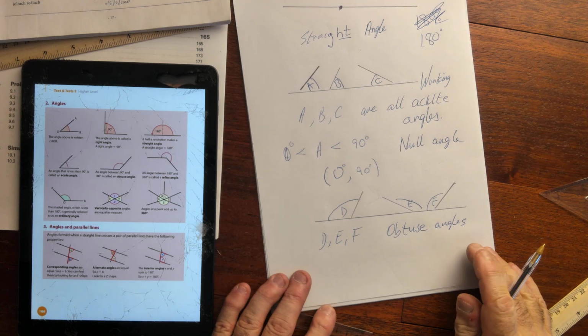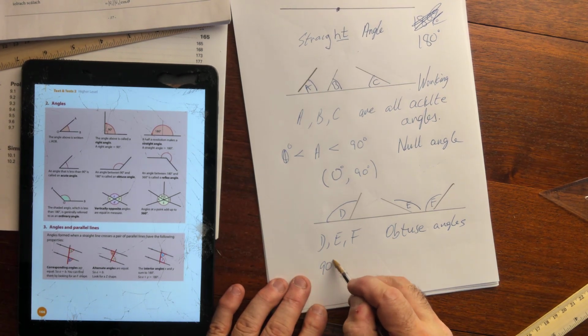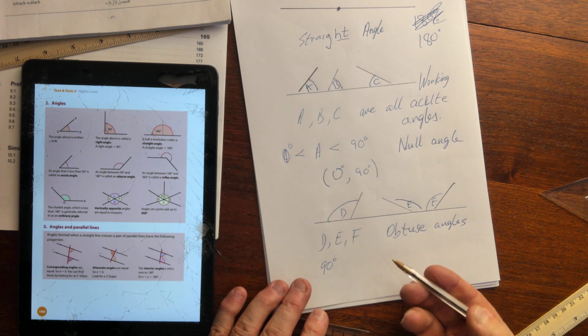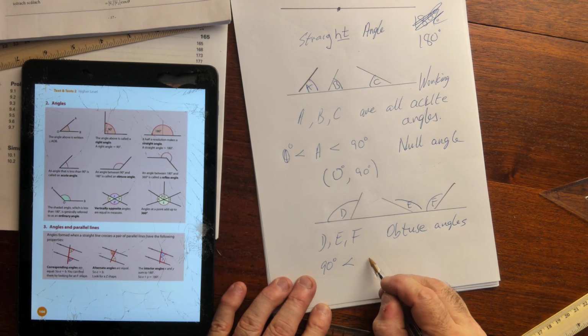And what makes an angle obtuse? An obtuse angle is an angle that's larger than 90 degrees, because if it was 90 degrees we'd call it a right angle. It's larger than 90 degrees.